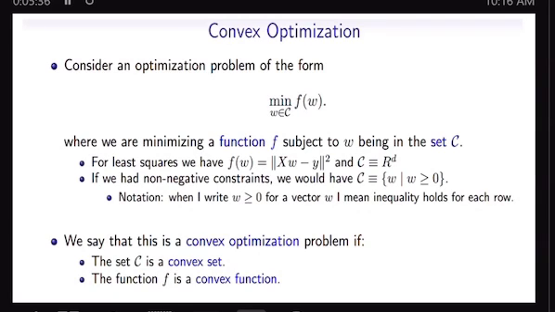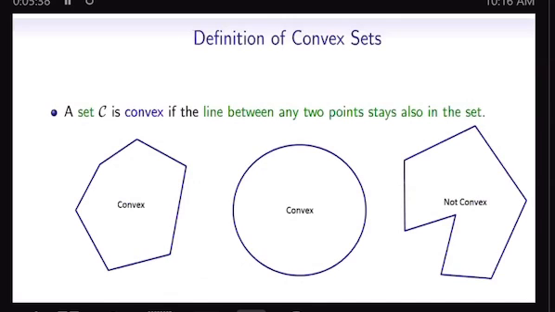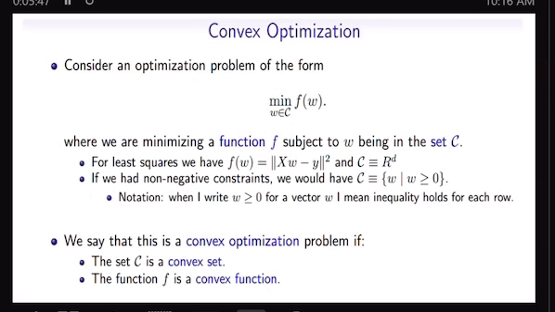But right now, take a look at this. When I talk about a convex set, you know the other time I said f of w is a function and w lies in a set C. Before a function can be convex, the set has to be convex.